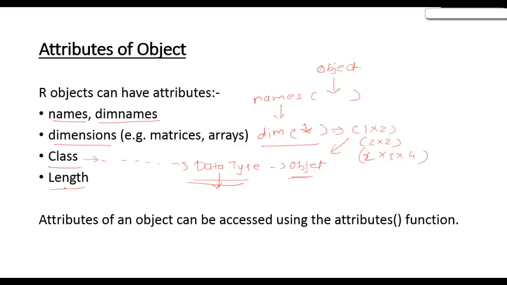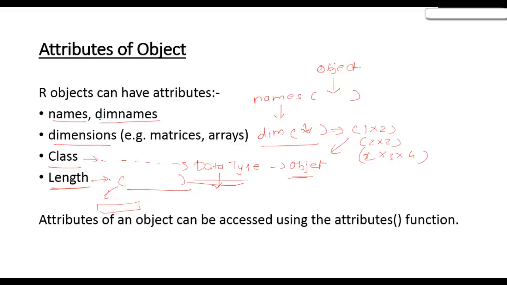Length is a self-explanatory function. If you are using an array sort of data structure, then length will return the length of the array. So these are the attributes.